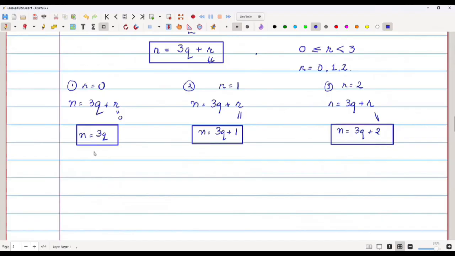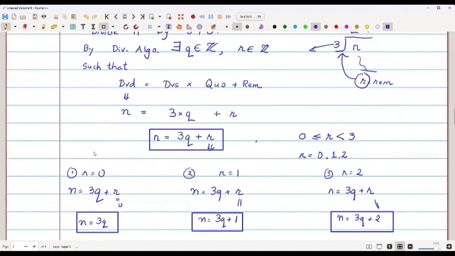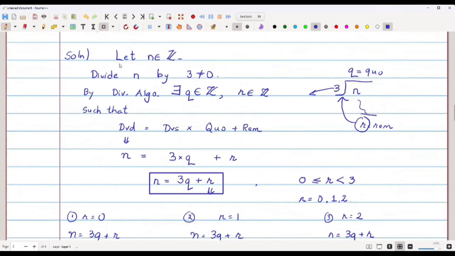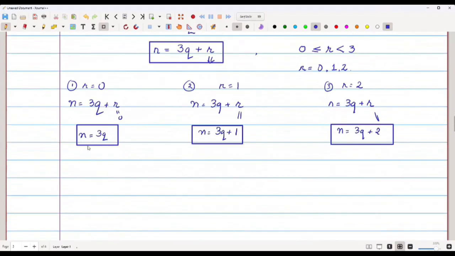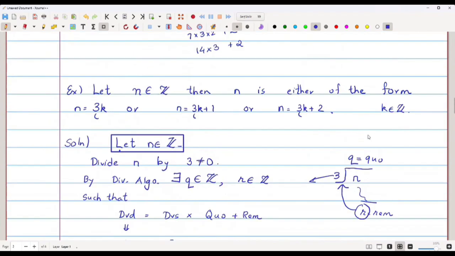But what was n? n was just any type of integer, right? So n was any integer. So this means that if you pick up any integer, you have finally proved that n is either 3q, or it is 3q plus 1, or it is 3q plus 2. So do you see that we have actually proved our exercise? What was our target?